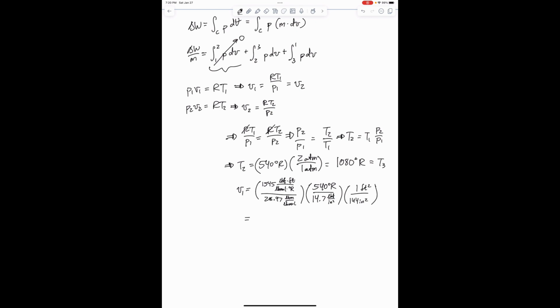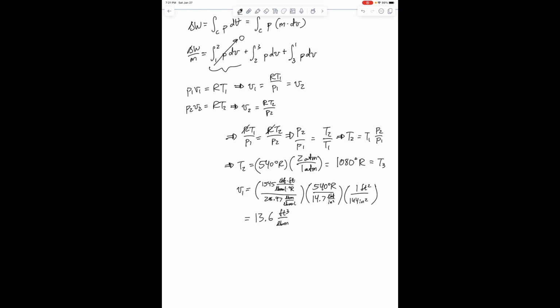I'll put it in a calculator and get my answer real quick. Okay, yeah, I get the right answer. 13.6. Oh, what's the units? Cubic feet per pound mass.